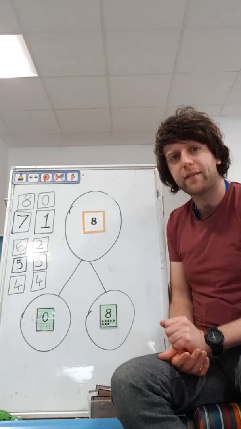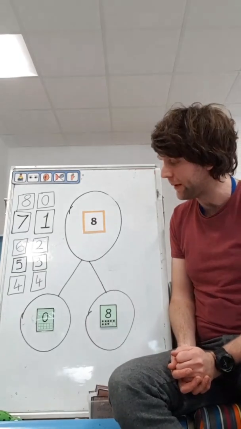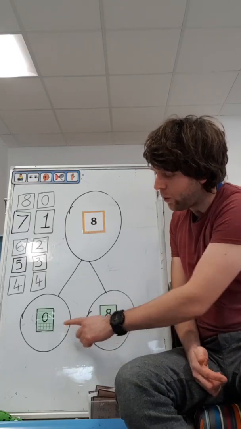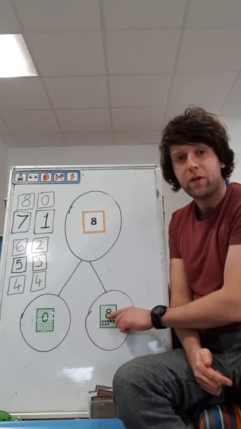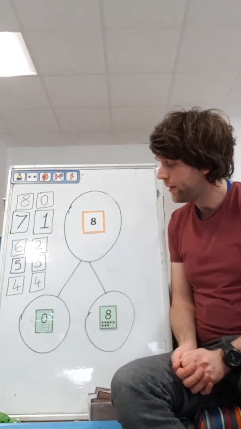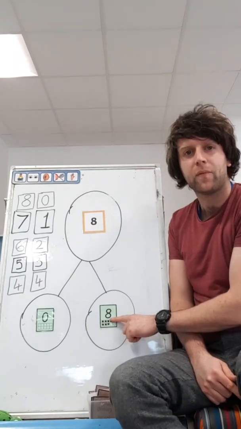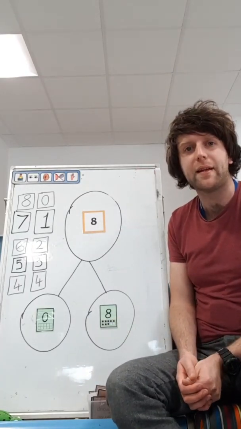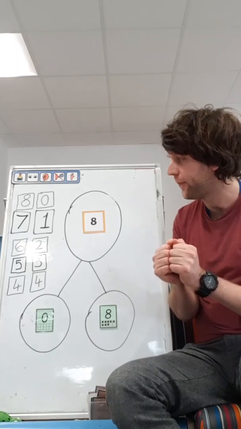Do we still have 8 as the whole amount? We do, absolutely. It doesn't matter what order these go in, which number's first or which number's last. It doesn't matter if this is the big number or this is the big number. We'll always get the same amount when we add two numbers together.